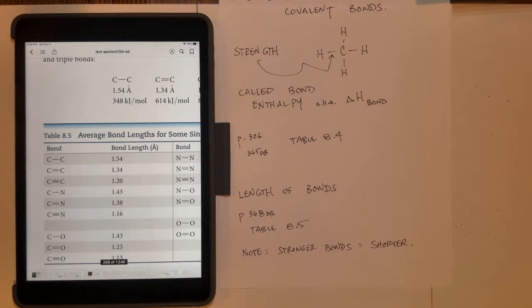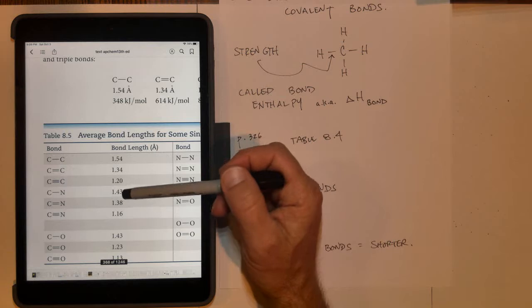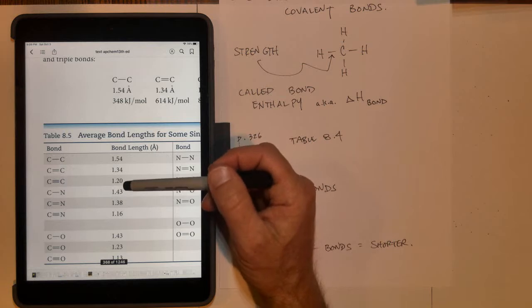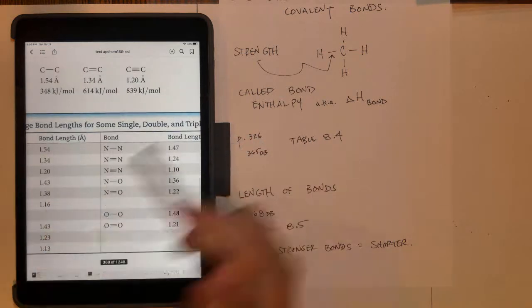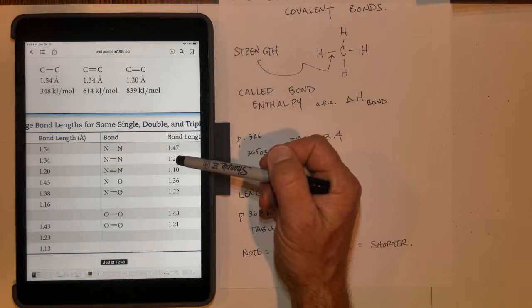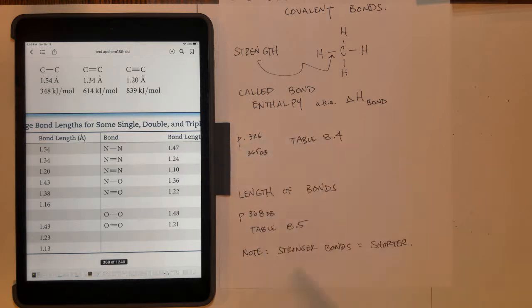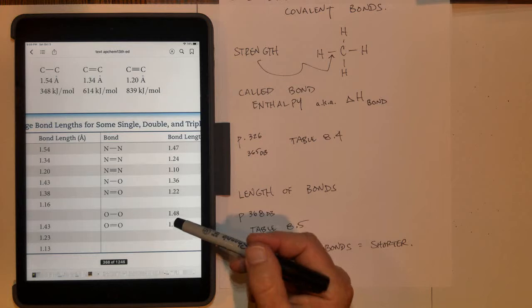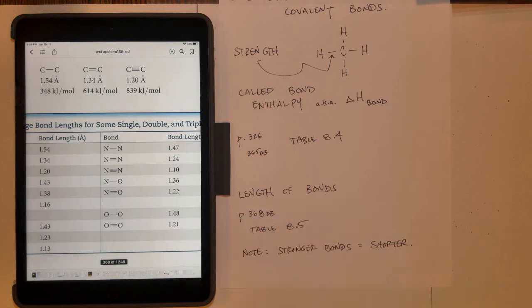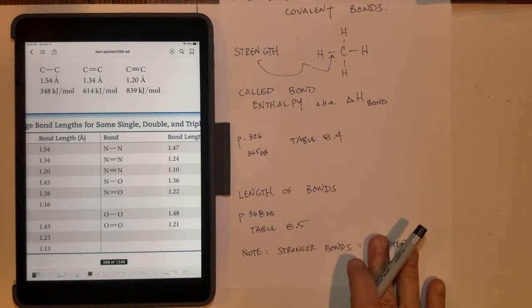So you can see that as they get stronger, the length gets shorter. And it holds true over here in nitrogen bonds too. A single, a double, a triple, you can see that the length gets shorter as you have more and more bonds. So more bonds, the length gets shorter as it gets stronger.